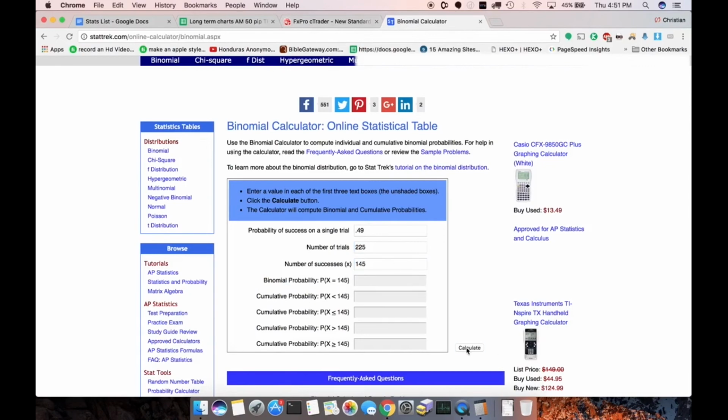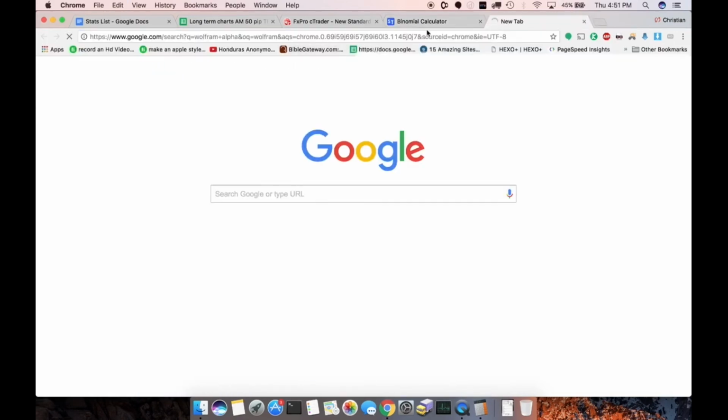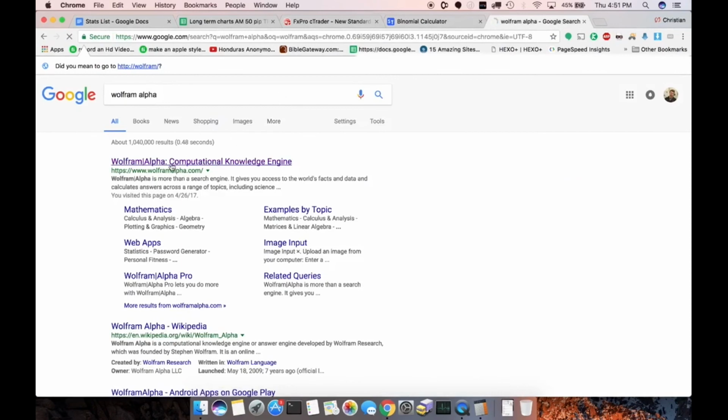This number right here is the chance that you were able to achieve that with a 49% chance. This is the chance that you're able to get 145 or more. Anytime you see a number like this, it means it's monumentally small. But let me show you a more human denotation here.